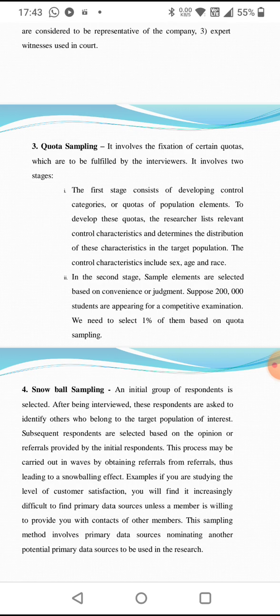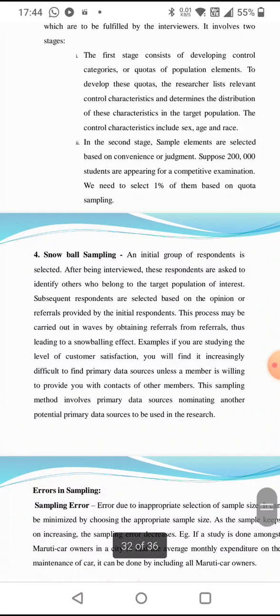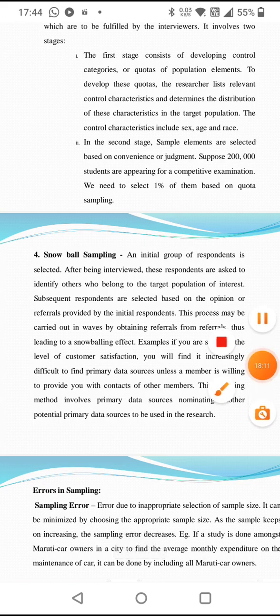The control characteristics might include sex, age, race, and also occupation and income level. In the second stage, sample elements are selected based on convenience or judgment. For example, you have so many students appearing for a competitive exam, and only 1% of them are selected based on quota.